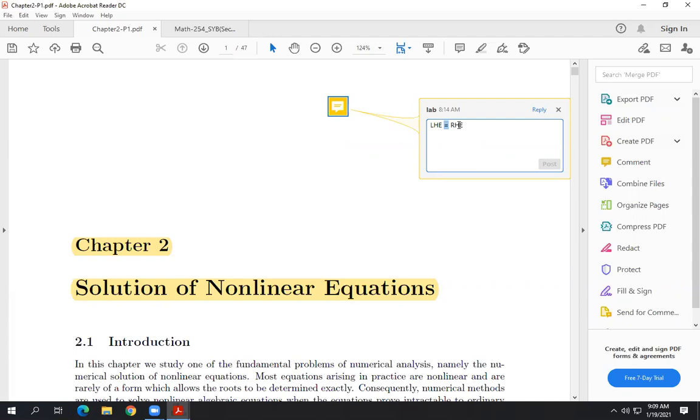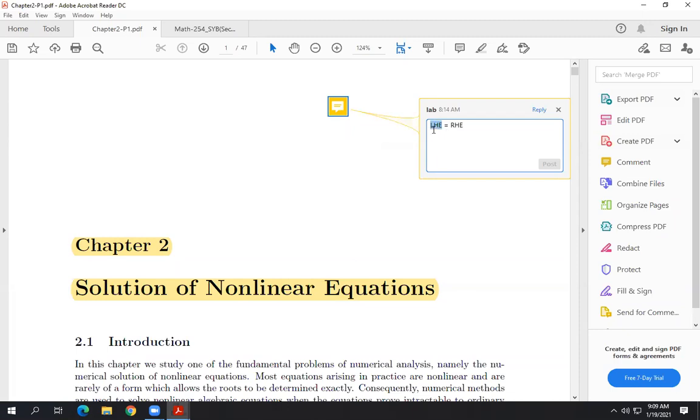What type of equation do we have here now? The type of the equation we can know depends on our left hand side expression, which must have some unknown variable. The shape of the variable tells us what type of equation we are using. In chapter number 2, the type of equation is a nonlinear equation.